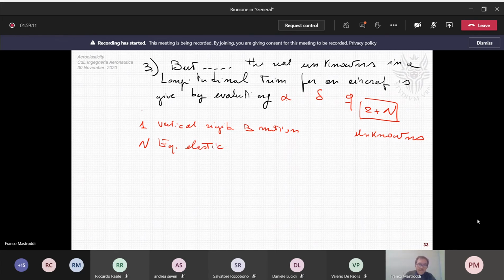And we have one more equation here, this is the novelty, for rigid rotation. The novelty here is the rigid rotation of the aircraft around the y-axis, so pitching.